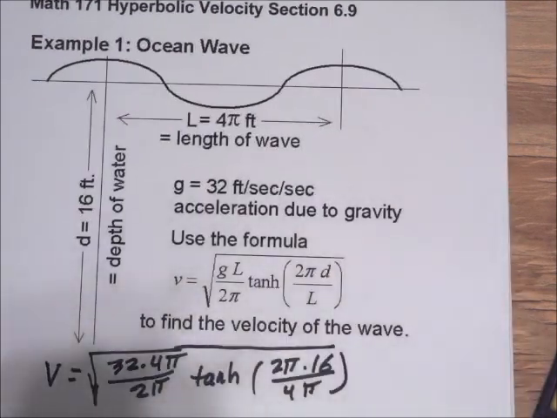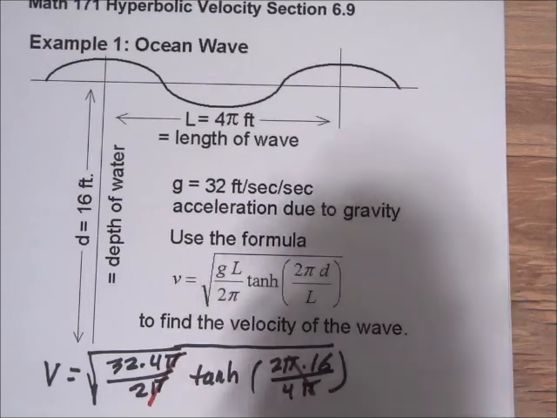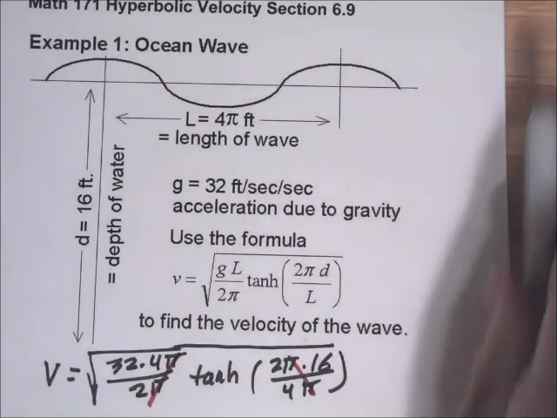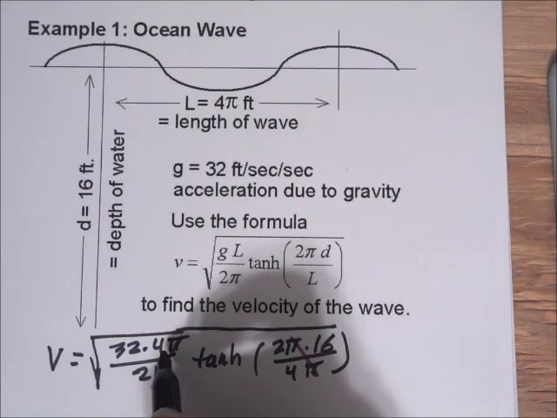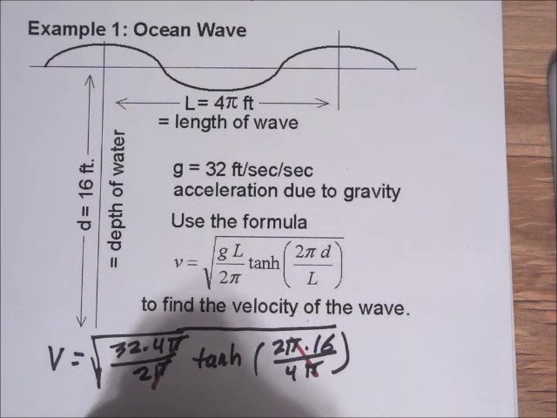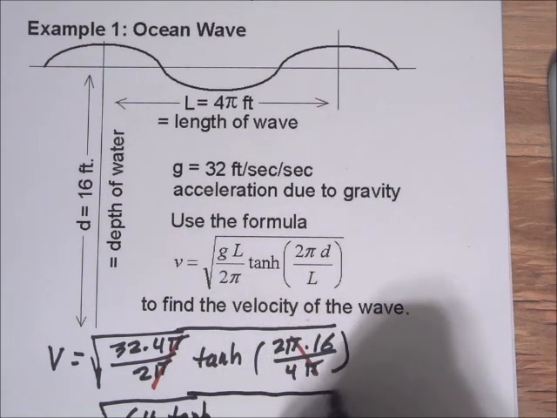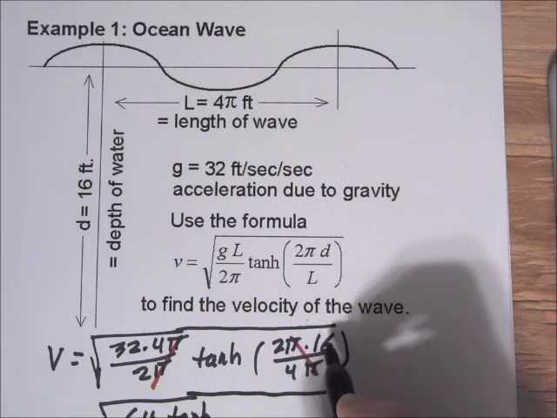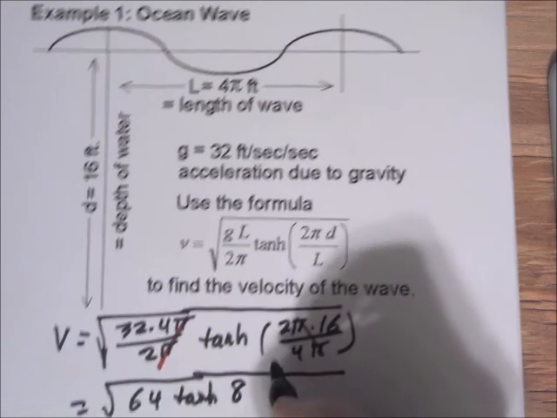Okay, so the pi's will cancel. We'll get 32 times 4 is 128, divided by 2 is 64, so it's the square root of 64 times the hyperbolic tangent of 2 times 16 is 32, divided by 4 is 8, hyperbolic tangent of 8.